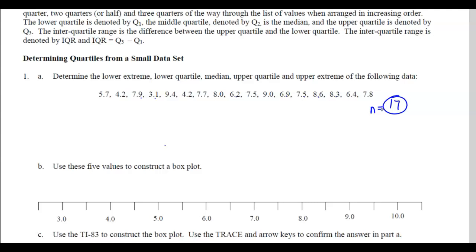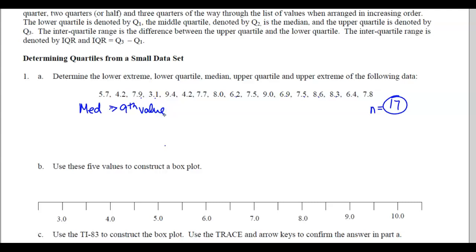Okay, so if we think about that, our median, if we divide that by 2, that's 8.5. So it's going to be the 9th data value when it's in order. Okay, so that means there's 8 data values below.